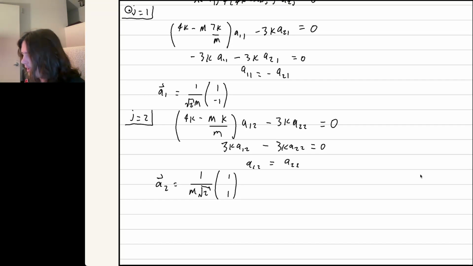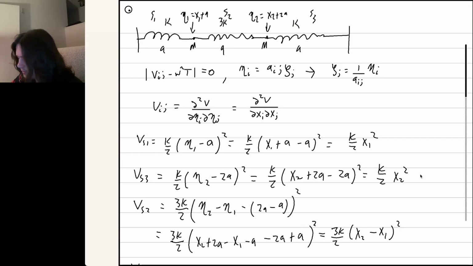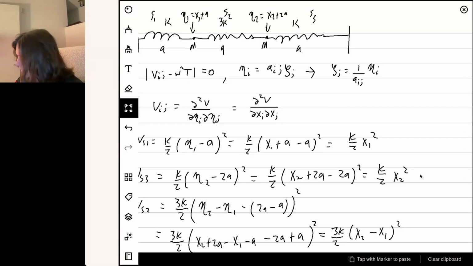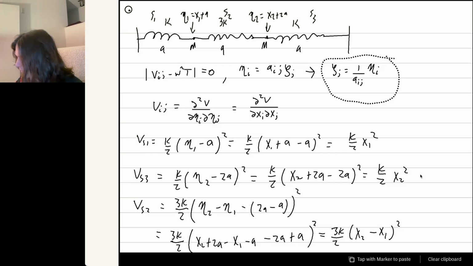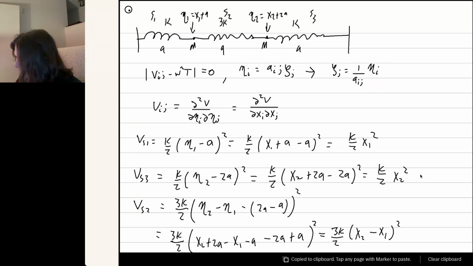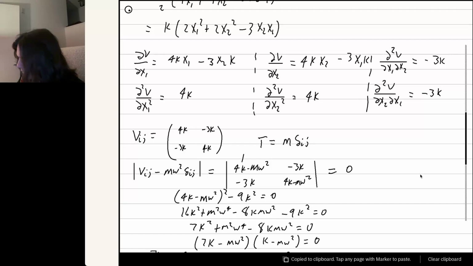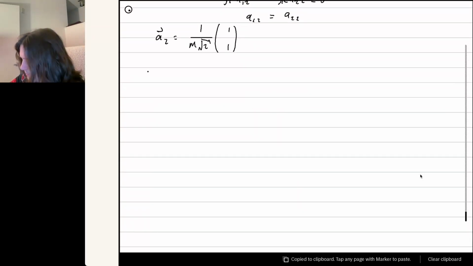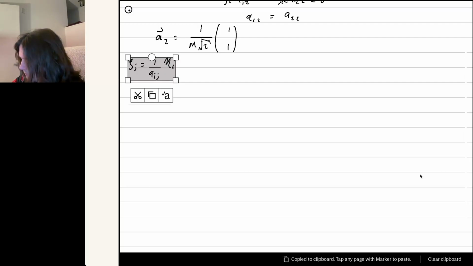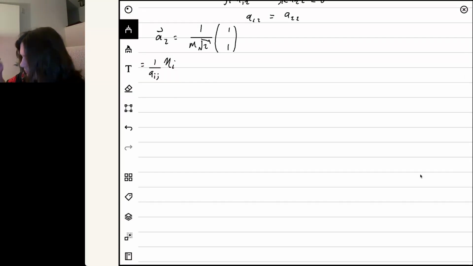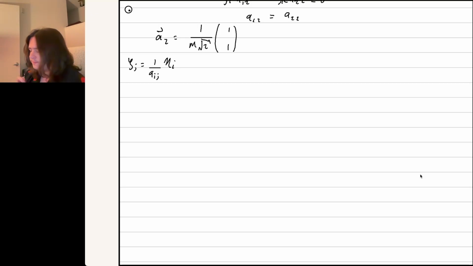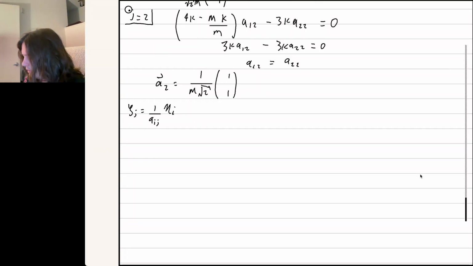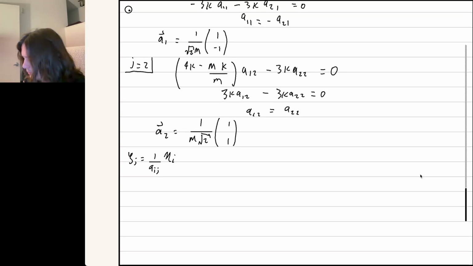Let's look at the normal modes now, which is this equation here. Cool. So writing this out, we'll choose j equals 1 first.